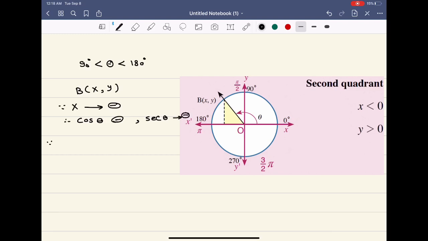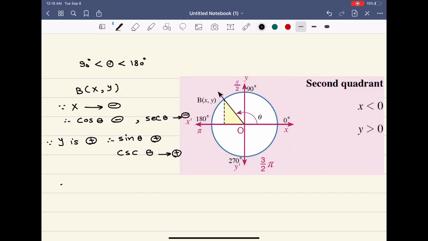Since y is positive, therefore sine theta is positive, and its reciprocal cosec theta in the second quad is positive.